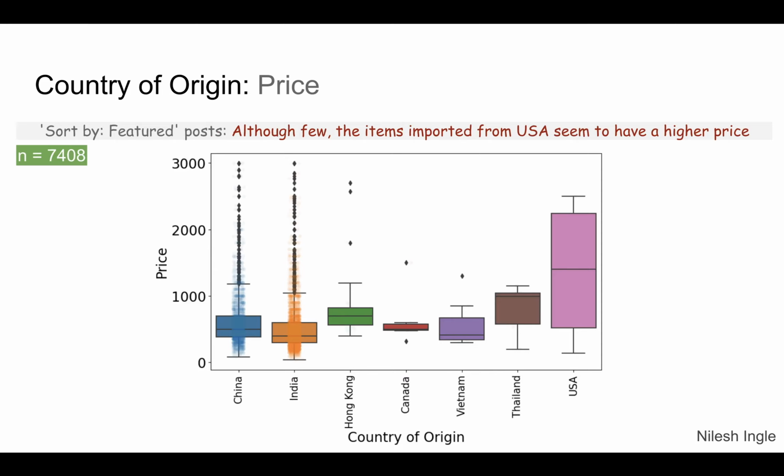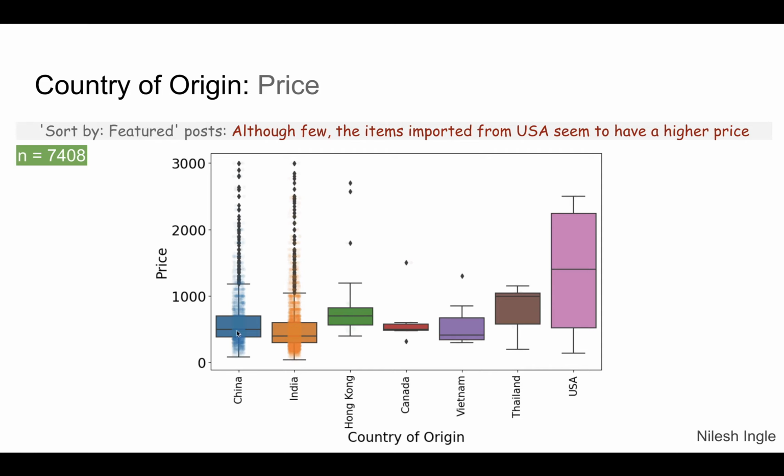And now thinking about country of origin, you'd think that the prices could vary based on where the product was sourced from. So if you're sourcing from a specific country, then the price may be higher as compared to the price of toys that were manufactured within India.